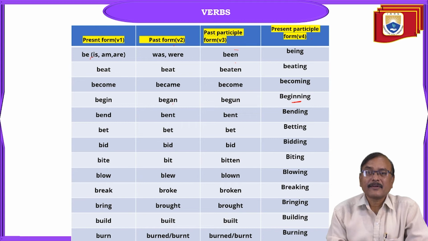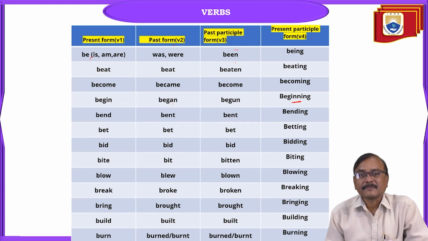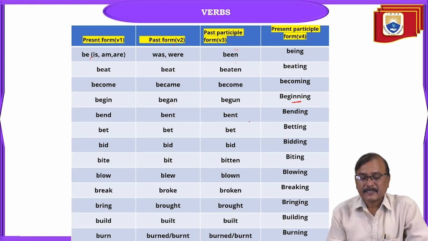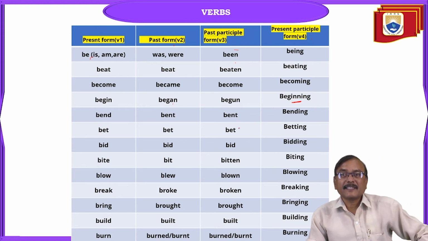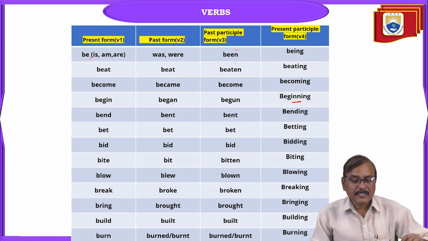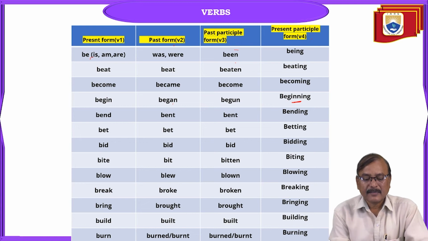So here also you have to concentrate. There should be no spelling mistakes. Is it clear? Bend, bent, bent. So, how to practice these? First, read two or three. Then like this: beat, bet, beaten. Become, became, become.